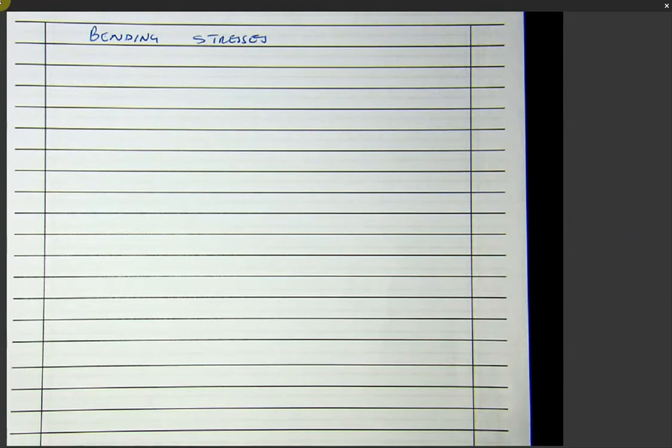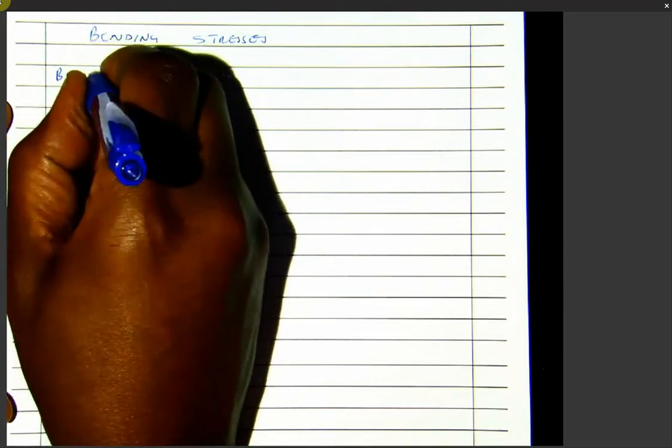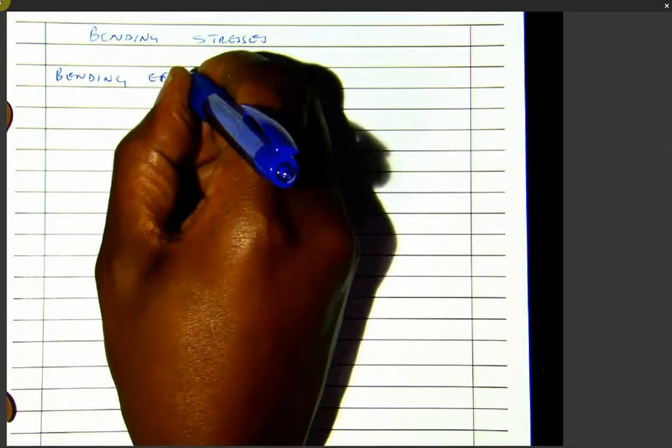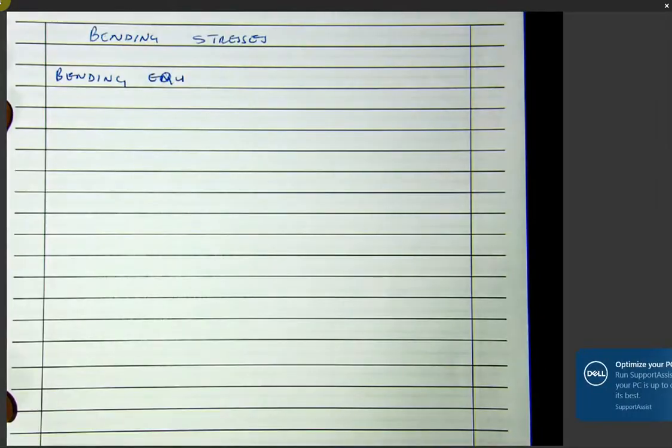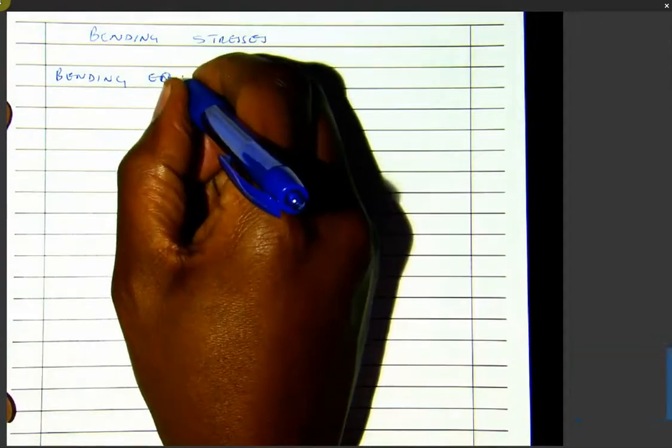So I'm now starting with the bending. So there's an equation, the bending equation, that we need to look at.